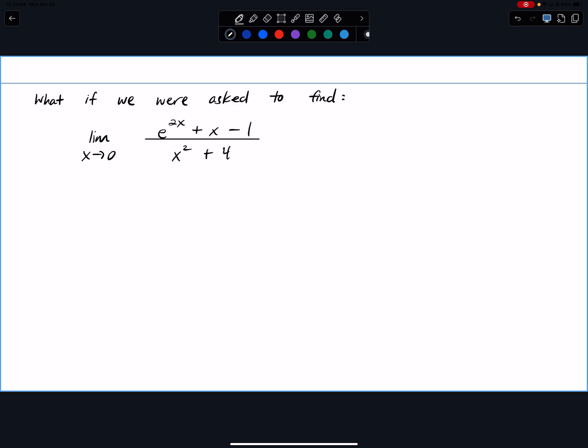What if we were asked to find the limit as x approaches 0 of e to the 2x plus x minus 1 divided by x squared plus 4x.